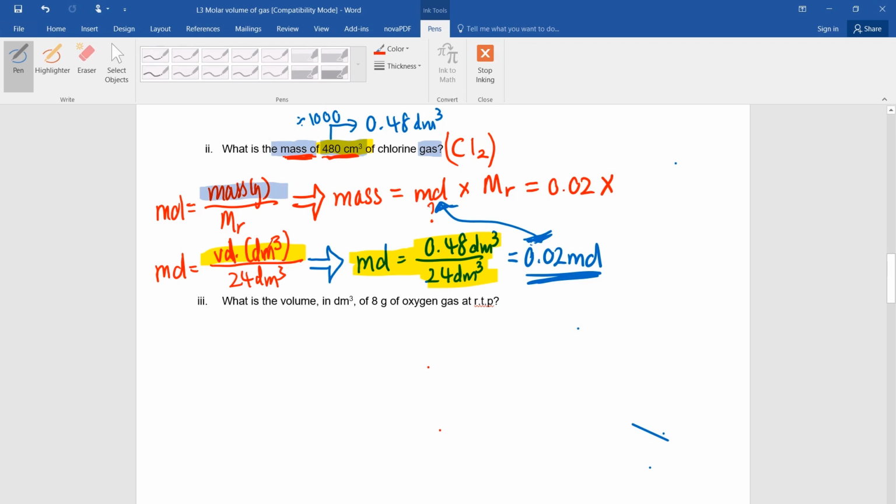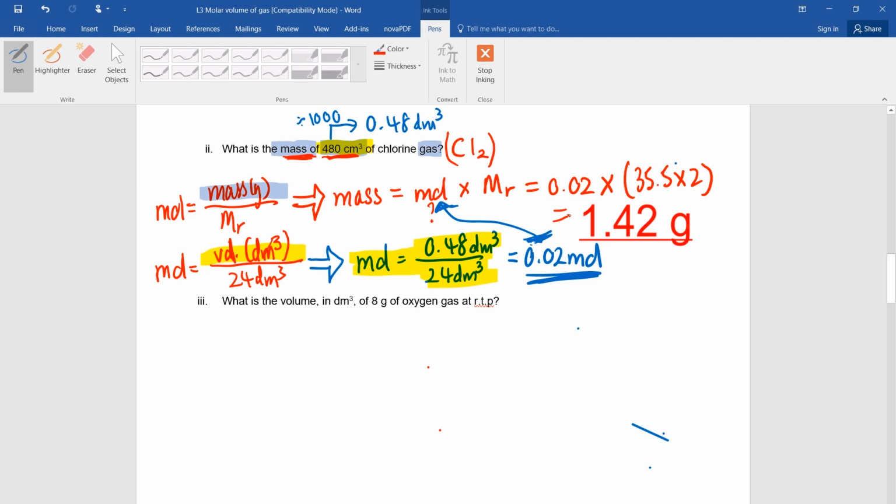That means this MR that you're looking at over here is also times 2, because there are 2 chlorine atoms. And this will give you the mass of the chlorine gas, which is 1.42 gram. So with that, you realize that you are able to solve the questions by combining the formulas together.